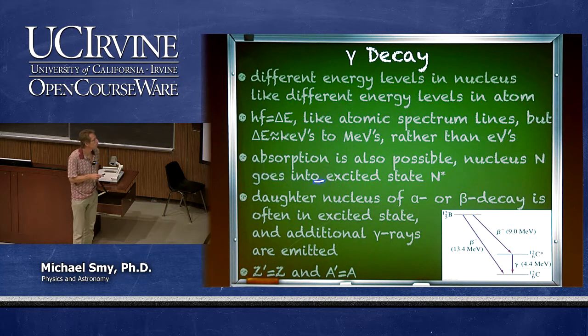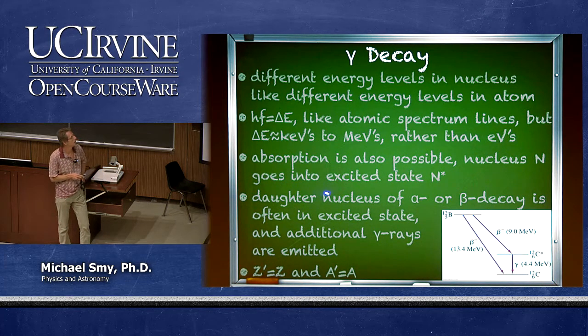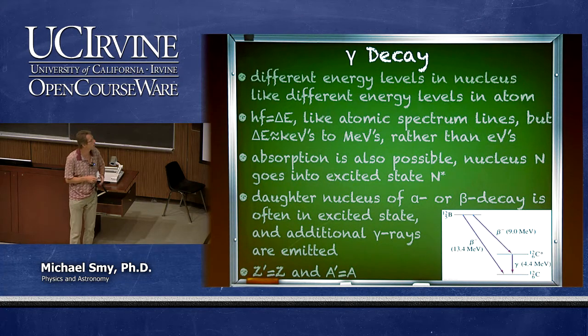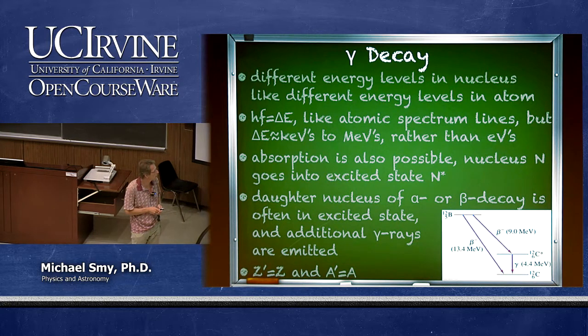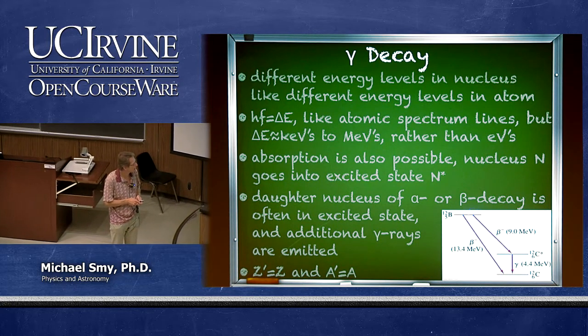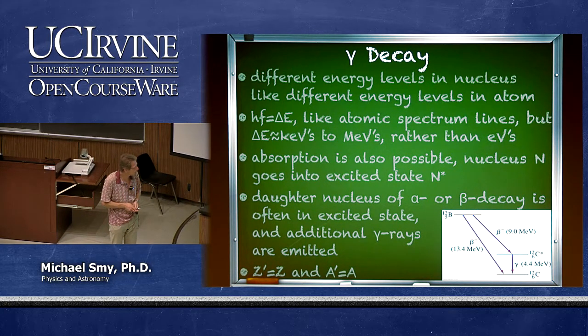And as I said, absorption is also possible. You can have a nucleus absorbing such a photon and go to an excited state. Or in the course of an alpha or beta decay, the daughter nucleus might already be in an excited state. So for example, if I have boron-12, it can beta decay either to the ground state of carbon-12 or to an excited state of carbon-12.